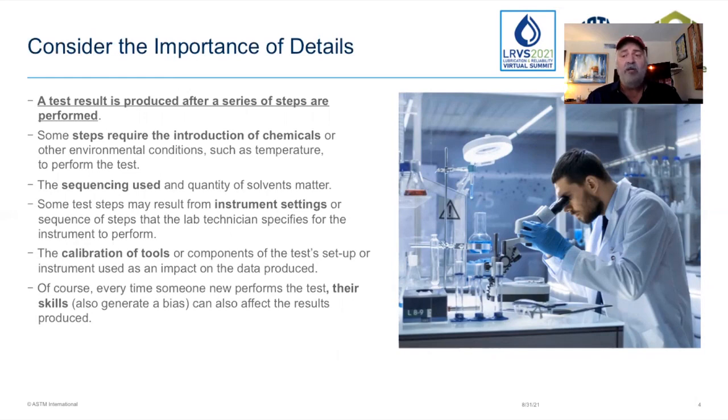So this might be not just the steps that we follow, but it could be what instrument we use, what calibration requirements might be necessary with that instrument or with that tool within the instrument, what solvents we use, and then, of course, when. It's very easy to presume that if the steps aren't carefully followed, that we're introducing uncertainty into the data, and uncertainty means a degradation of the data itself.